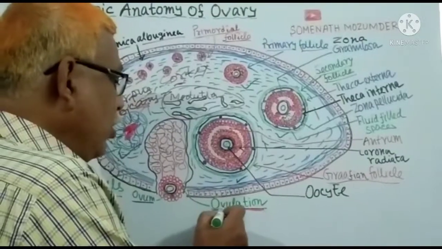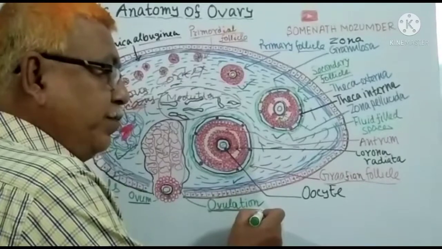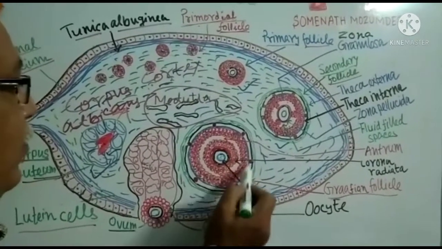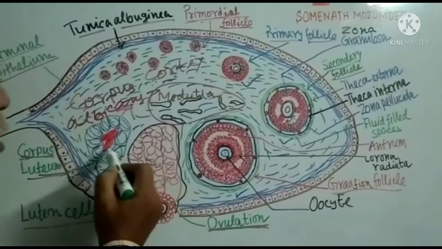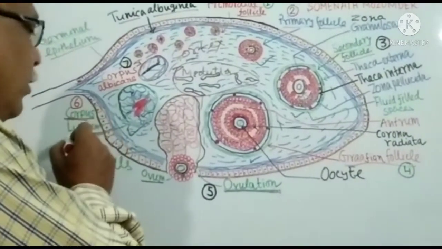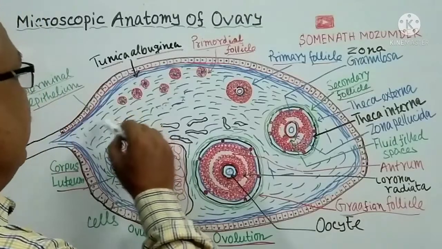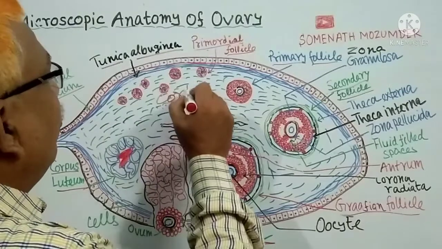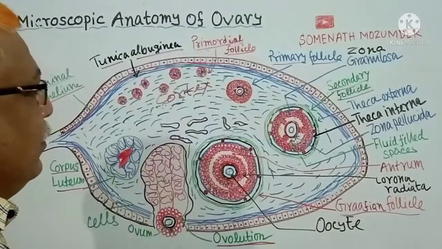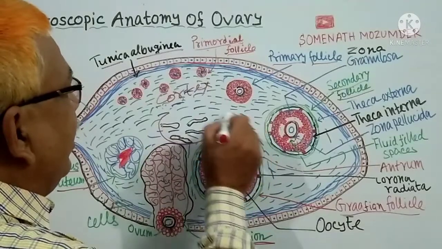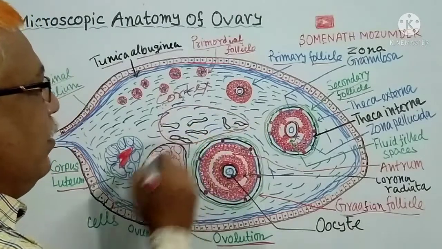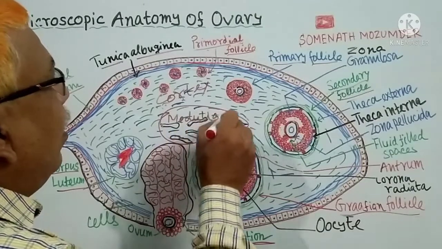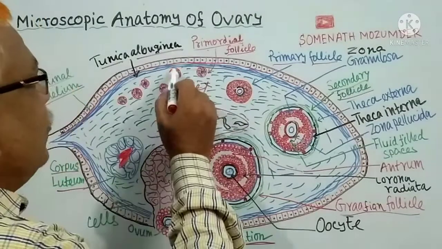Here ovulation takes place and these follicular cells are transformed into corpus luteum. This region is called cortex of the ovary, and the central portion of ovary, this region, is called medulla of ovary.